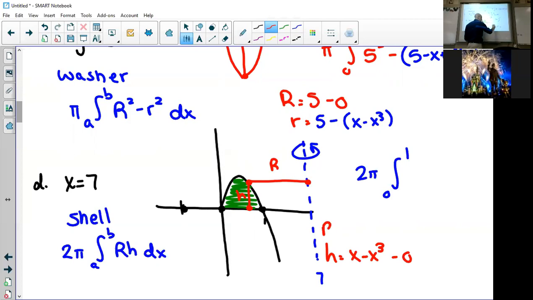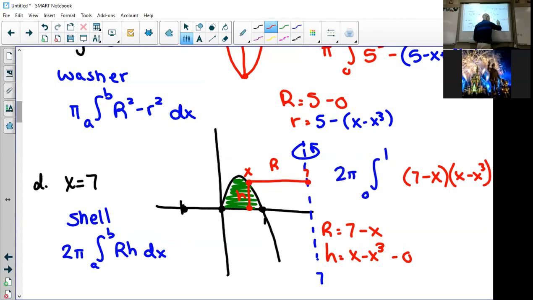Now r, remember we said last time, this point on here is always going to be x. And we're doing right minus left. Well, this point is at x equals 7. So it's going to be 7 minus x. And so we'll put that in there, 7 minus x times the x minus x cubed. And let's flip that over, get our dx in there because we don't want to forget that dx.